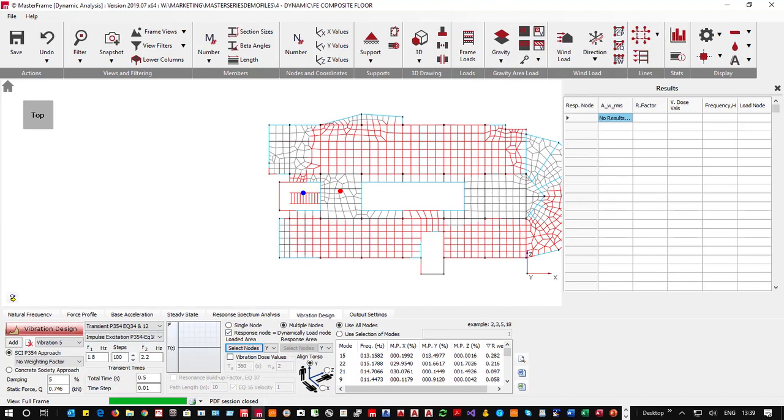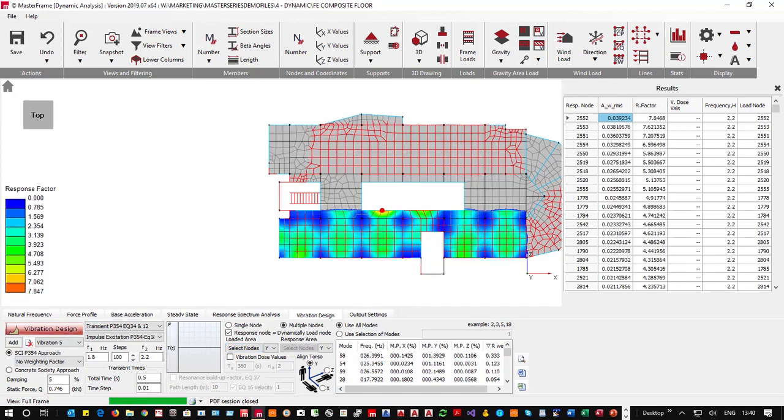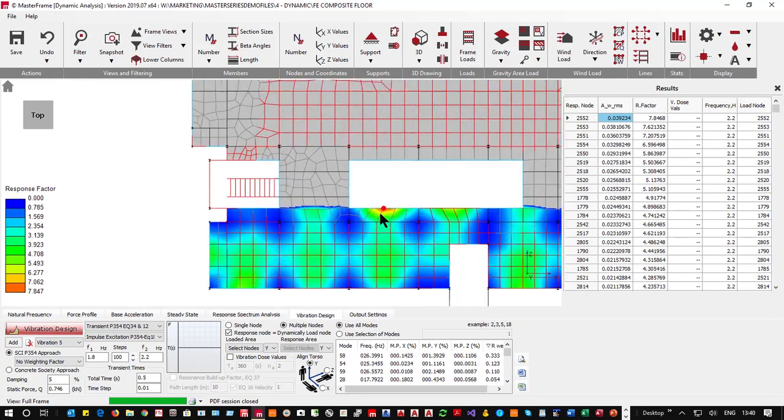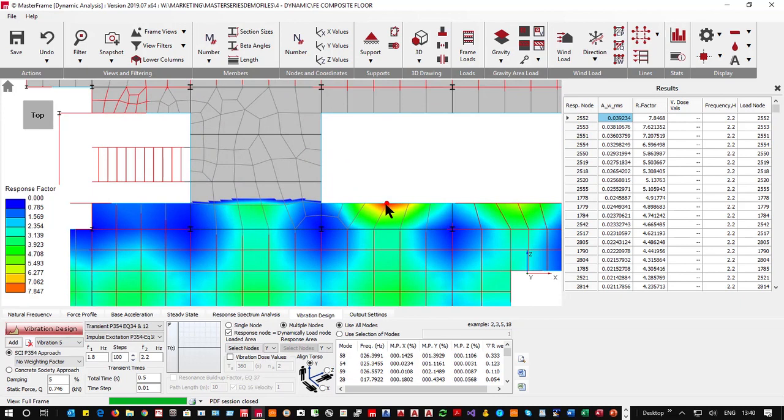And then I'm going to come along and apply this here and go for a vibration design. So here we go, and we can see that we are only getting from the transient a little sensitive area around here of 7.8, which you could argue is probably okay.